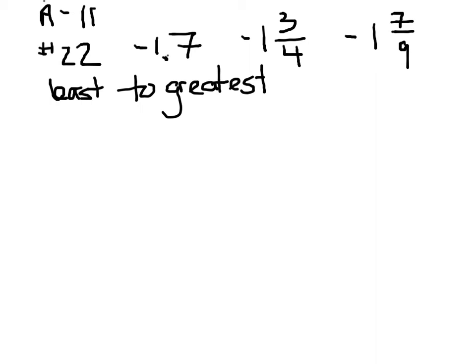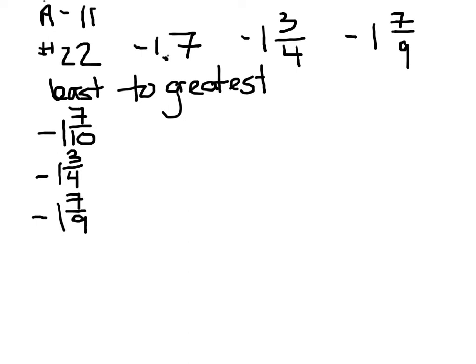So the first thing I'm going to do is get them so they're all in terms of a fraction. So I have -1 and 7/10, so I'm going to write it that way as -1 and 7/10. And then I have my -1 and 3/4 and my -1 and 7/9.